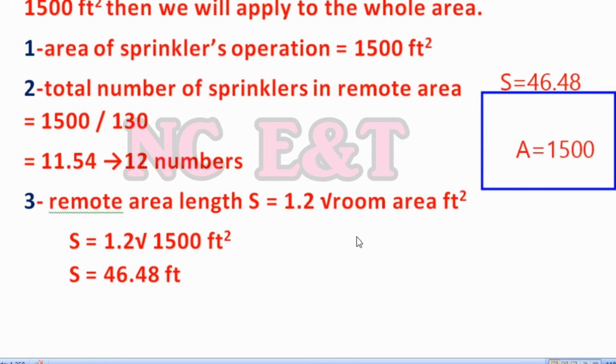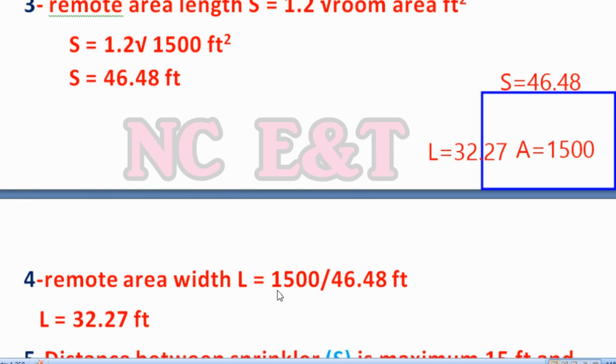As we have calculated the value for the length and we have the area, the other dimension, the width, we can calculate by dividing the total area by the length. So by dividing 1500 by 46.48 feet, we get the result of 32.27.